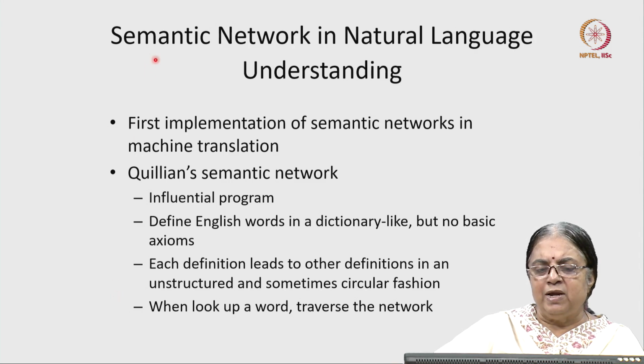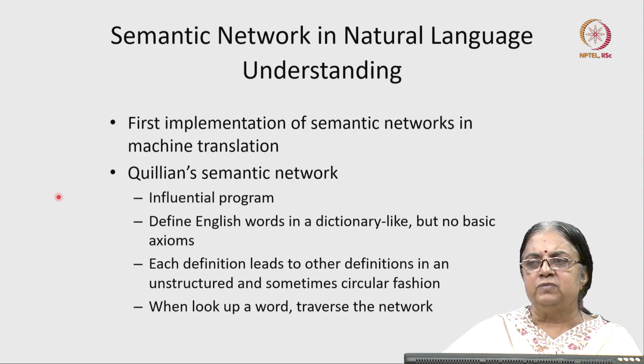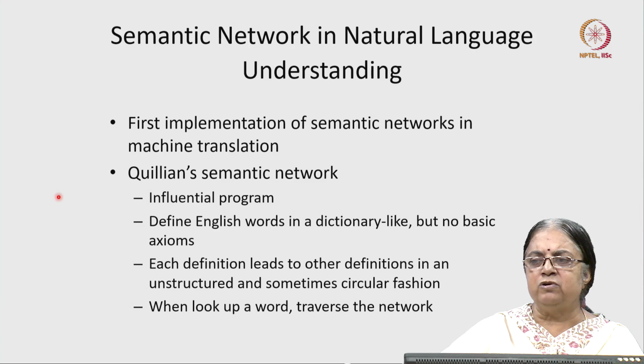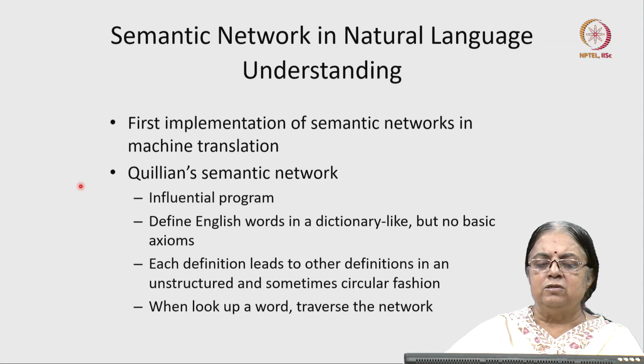So, semantic networks have been used in natural language understanding. So, basically the sentence which you are trying to understand will become converted into a semantic network, right. So, it is used in machine translation basically. Okay.